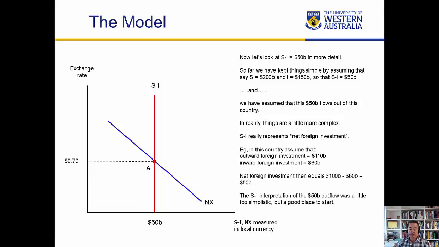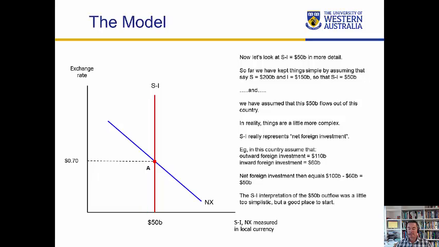So what we've got is $110 billion of investment money, which you can think of as excess savings, leaving the country. But we've got 60 billion savings from other countries coming into this economy.